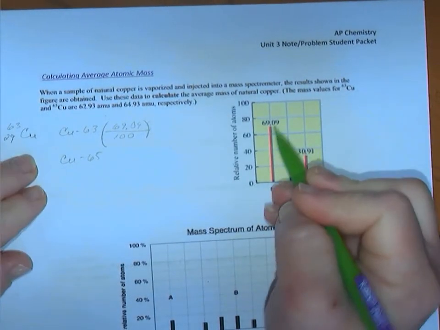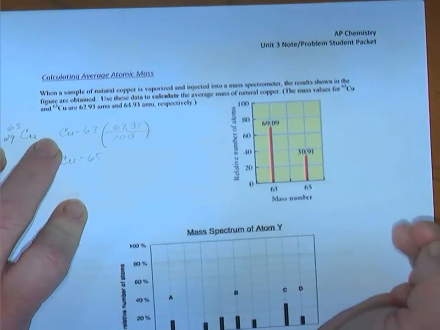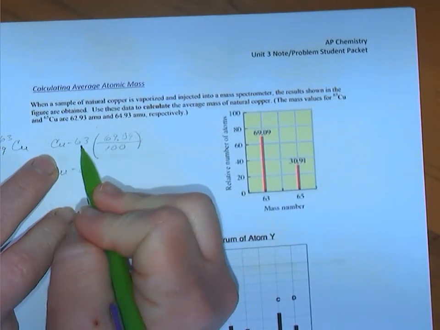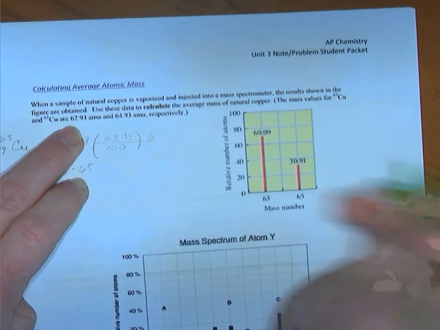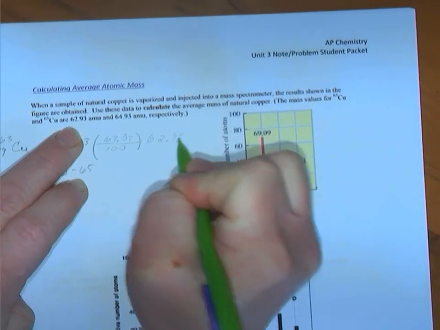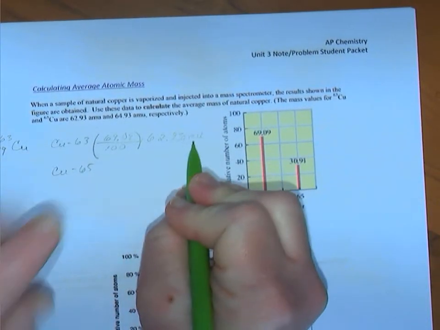And then my individual mass for this isotope, copper-63, is 62.93 AMU. Again, we're talking about the mass assignment for a single atom.